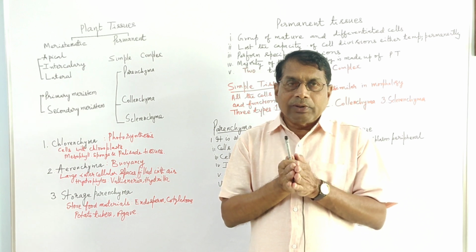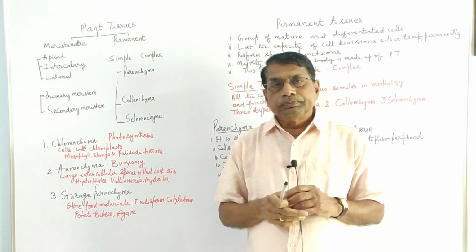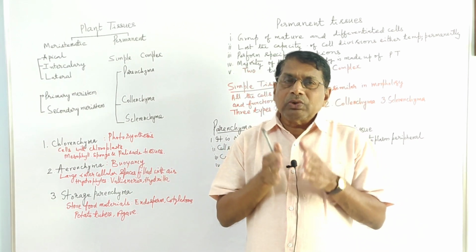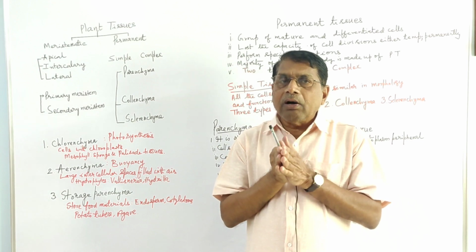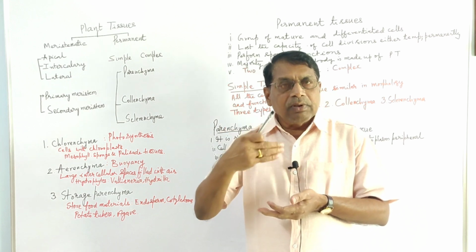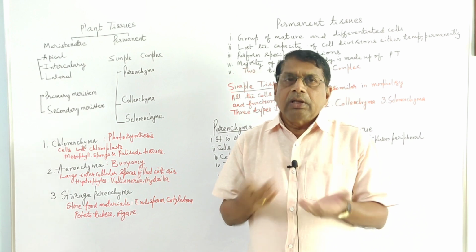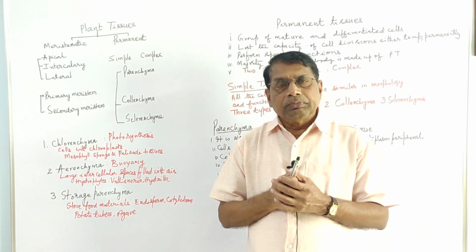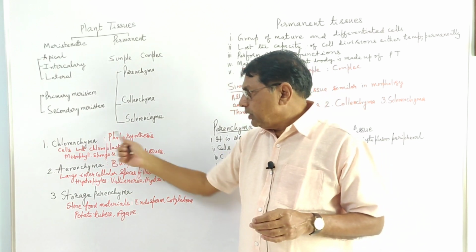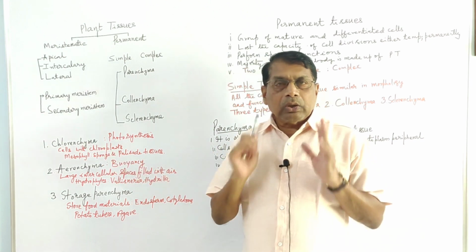In dicots, mesophyll tissue is differentiated into palisade tissue and spongy tissue. Chlorenchyma is present not only in leaves but in all green parts. If the petiole is green, below the epidermis we find the chlorenchyma. Likewise in young stems, wherever the parts are green, but mostly leaves. Function: photosynthesis. Character: they possess chloroplasts.